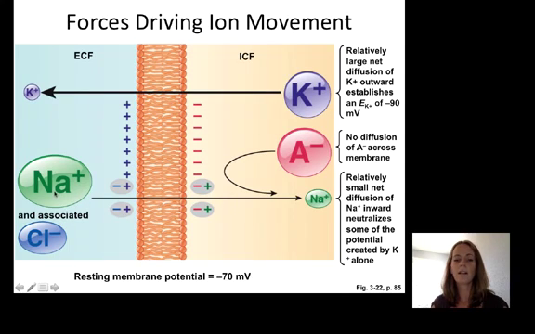So it has a driving force, both electrical and concentration, to move in. And as we look at the way that these are set up, we have a high amount of sodium outside, moderate amount of potassium inside, ton of negative anions inside. That gives us everything set up at rest at minus 70.